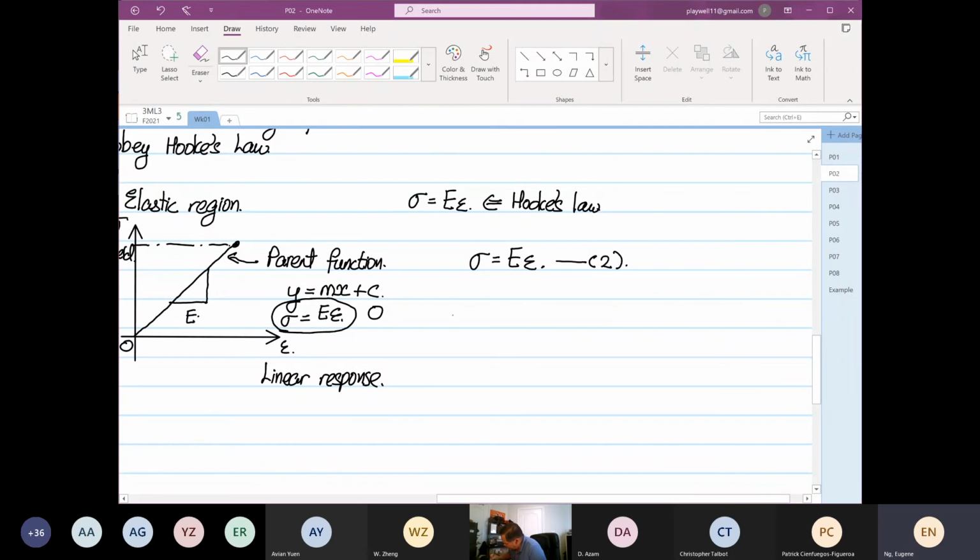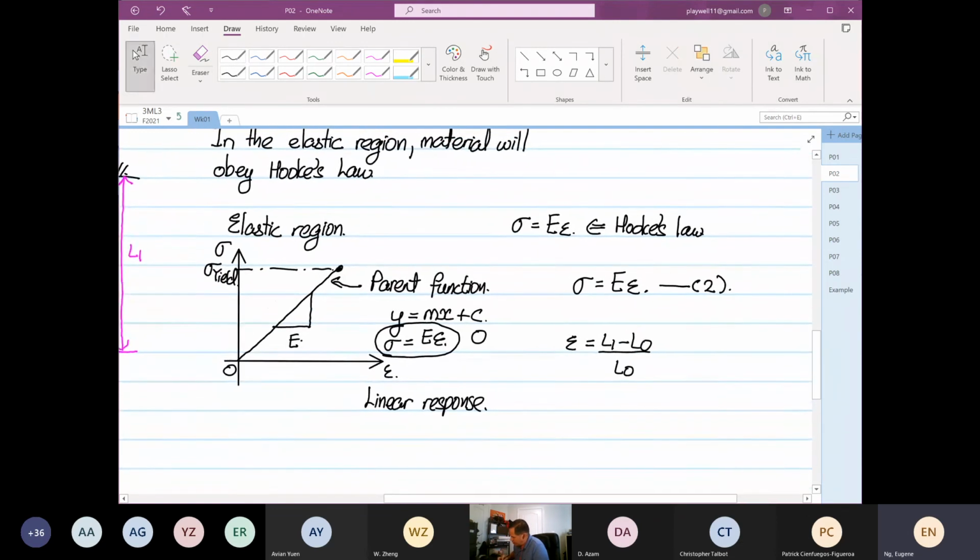And we know that epsilon is equal to L1 minus L naught divided by L naught, right?